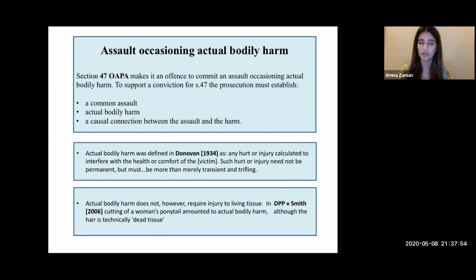And if this common assault causes actual bodily harm to the victim, then a claim under Section 47 of the Offences Against the Person Act exists. However, the third requirement after actual bodily harm is a causal connection, which means the prosecution will have to prove that the common assault caused actual bodily harm.